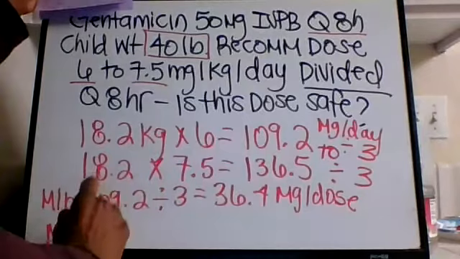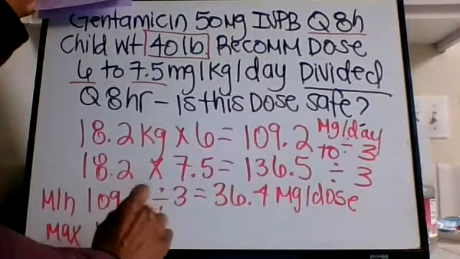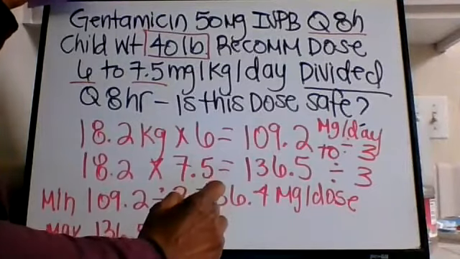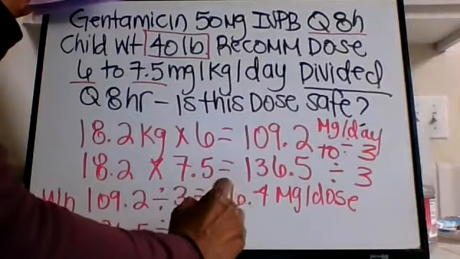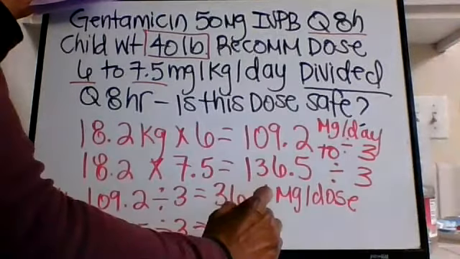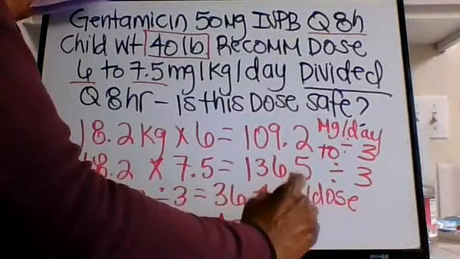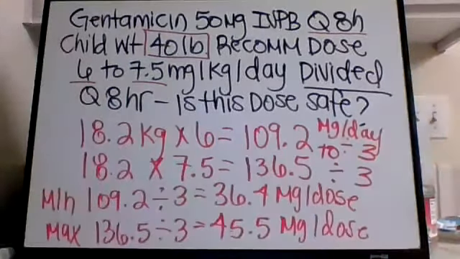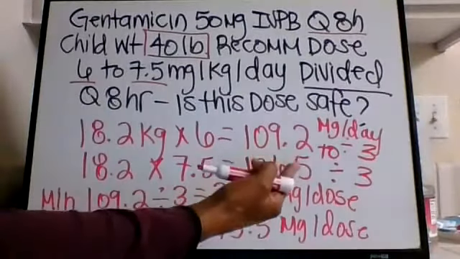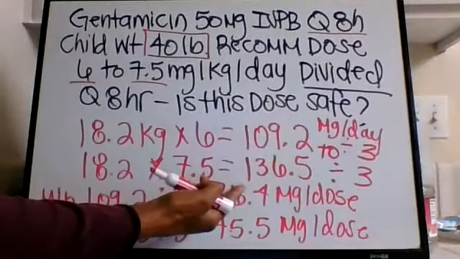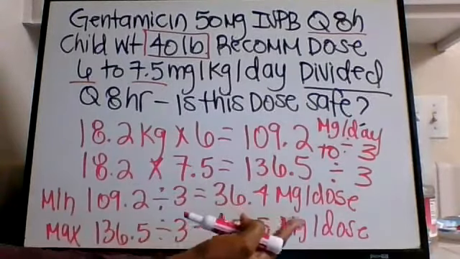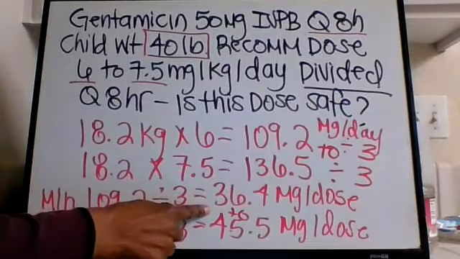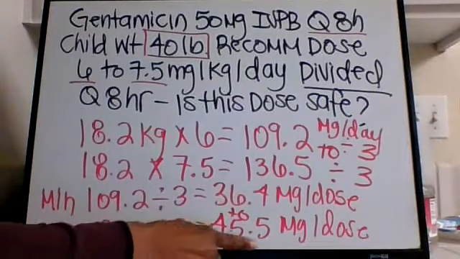So we're going to take the 136.5 divided by 3, and that is going to give us 45.5 milligrams per dose. So now this is our daily dose range, and now we divided it down to a single dose. So now the range is 36.4 to 45.5.